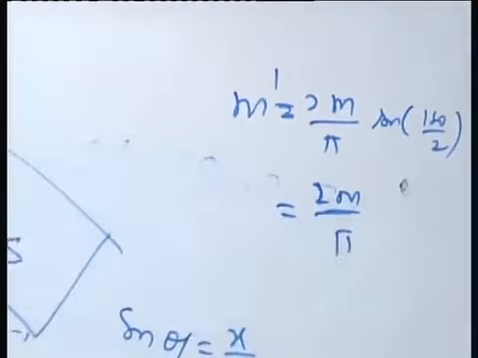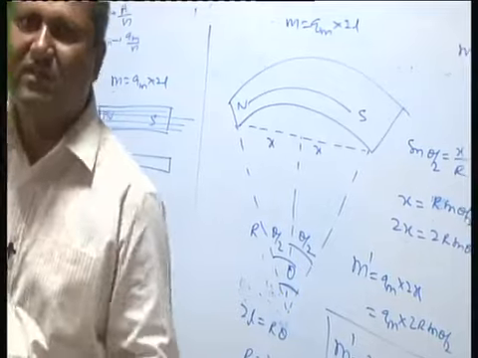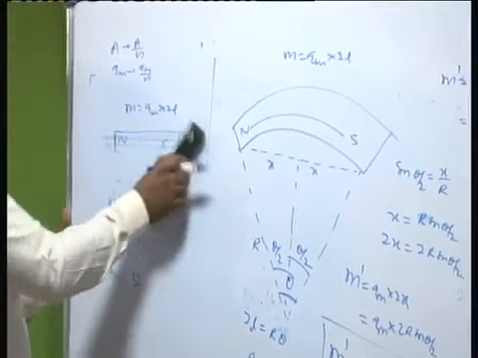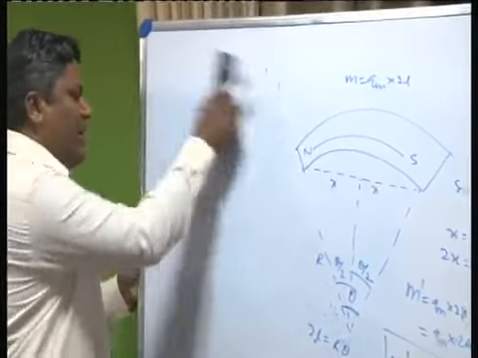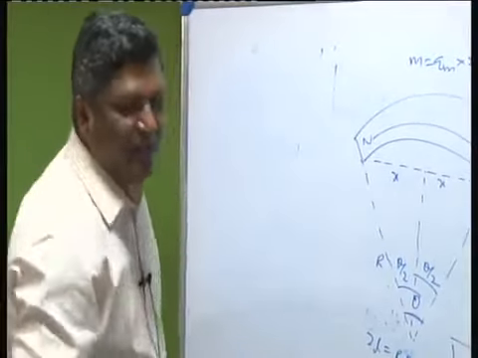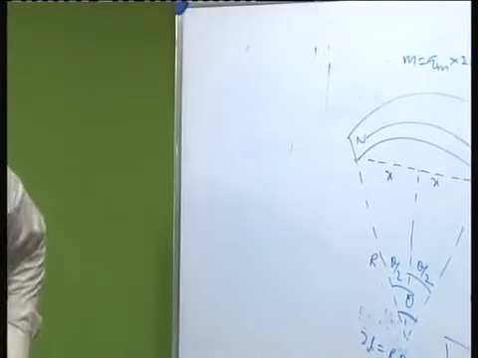Then the other expressions are in the NCERT textbook. Derivations are not given, but expressions are given. That is, the magnetic field produced by a bar magnet at a point on its axial line, and the magnetic field produced by a bar magnet at a point on its equatorial line. So I will write the first, the magnetic field produced by a bar magnet at a point on its axial line.